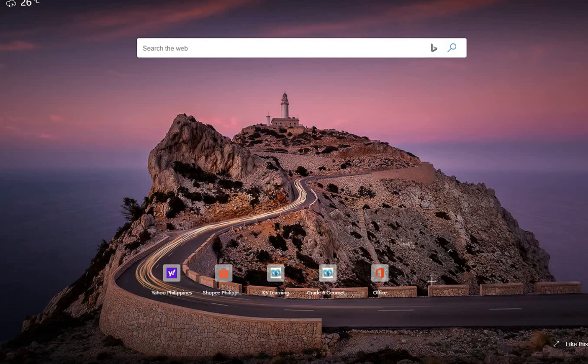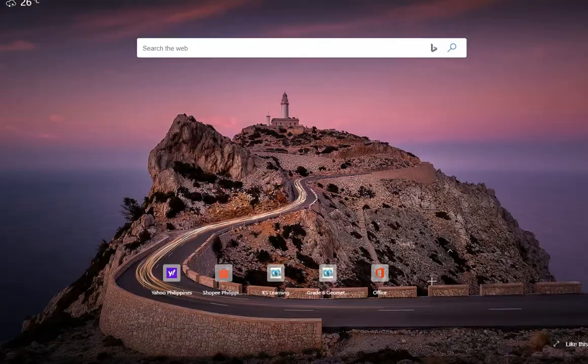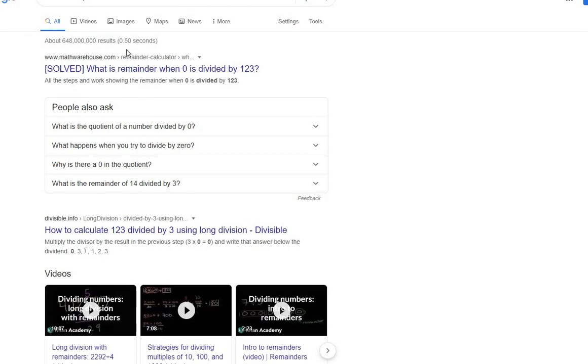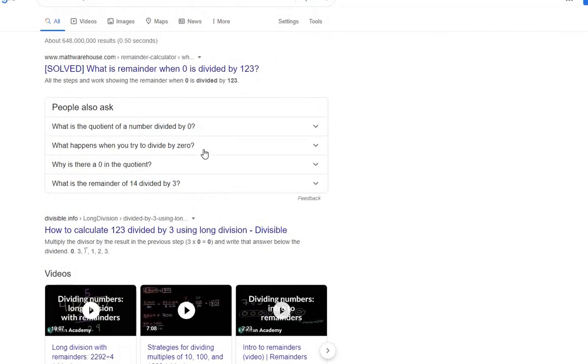Divide by 0. Sorry, 0. Right, so I've put it here now. This is all very calculation maths.